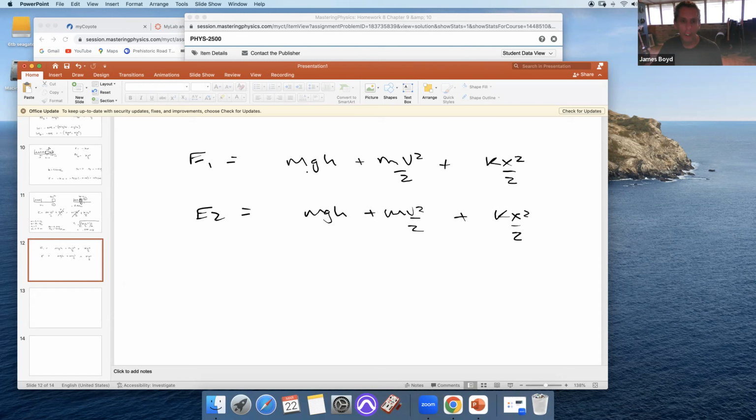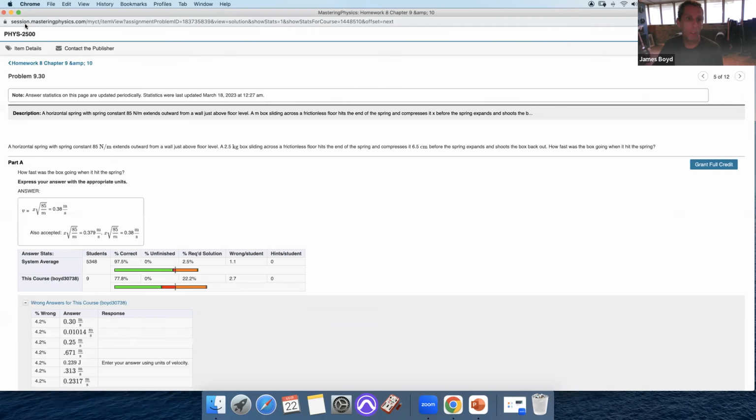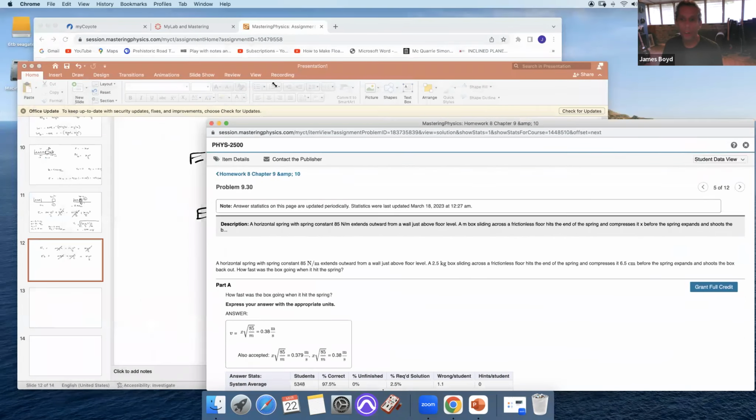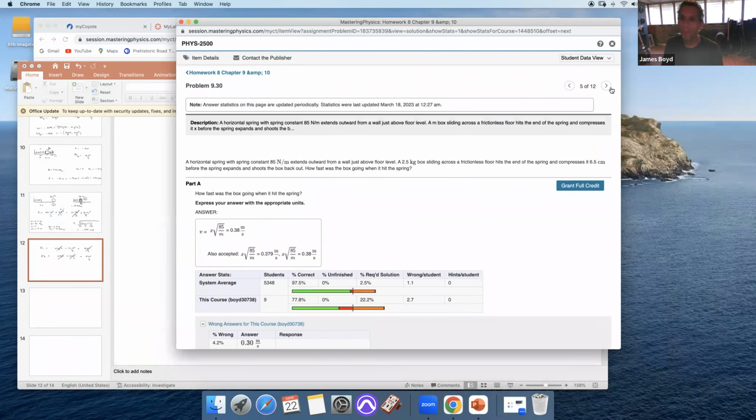And this is 1 and this is 2. At 2, it came to rest. And at 1, it wasn't touching the spring. And you just set E1 equal to E2 and solve for v. That's all you have to do in these problems. They're really straightforward. And our answer is 0.38.